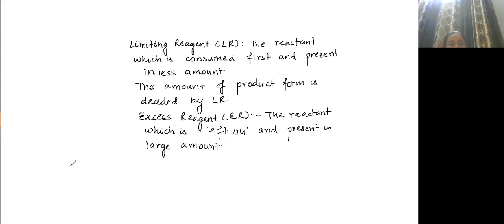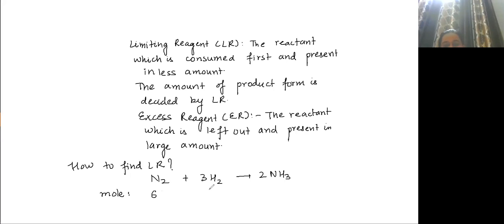Now next is how to find LR. If any reaction is given, let us say N2 plus 3H2 is forming 2NH3, and moles of N2 and H2 are given as 6 moles and 4 moles.